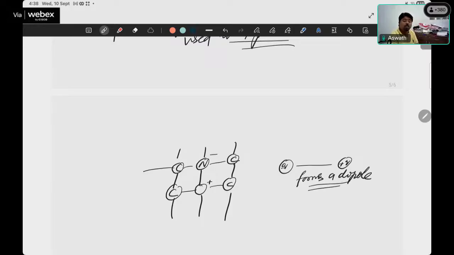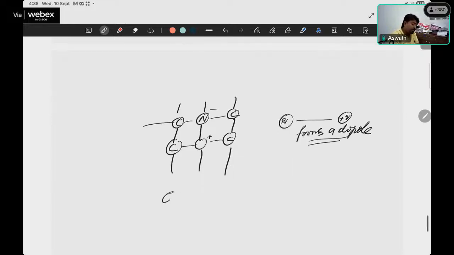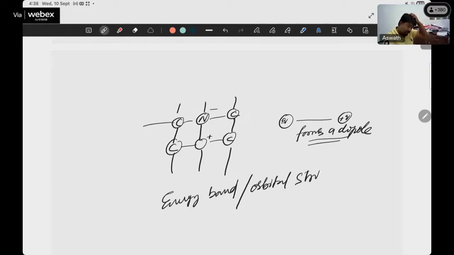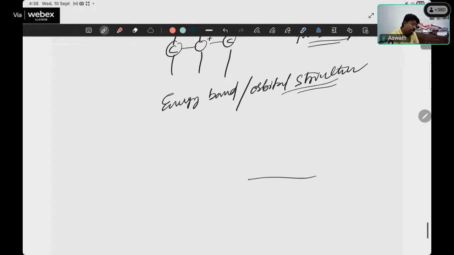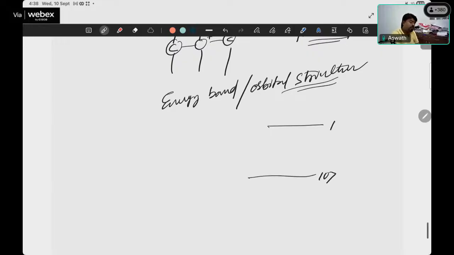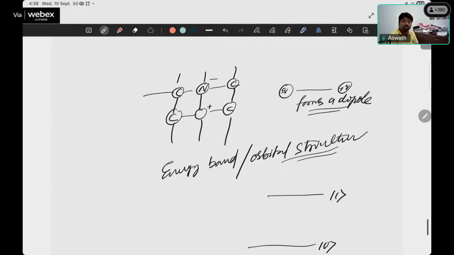If you take the orbital structure, or energy structure of this dipole, you will notice it has a two-level atomic system, 0 and 1. Simple. It can exist in two states. But the sensitivity of this one is so much.